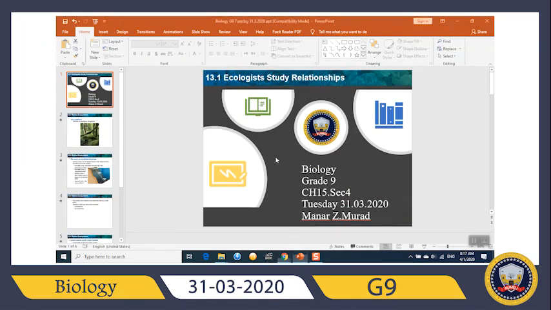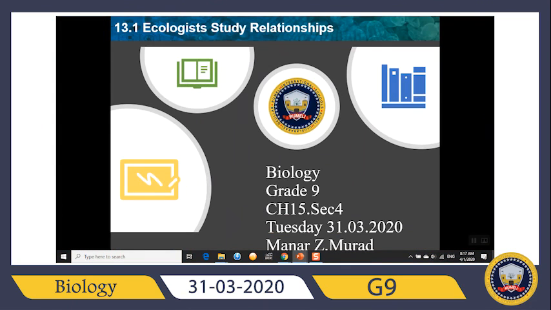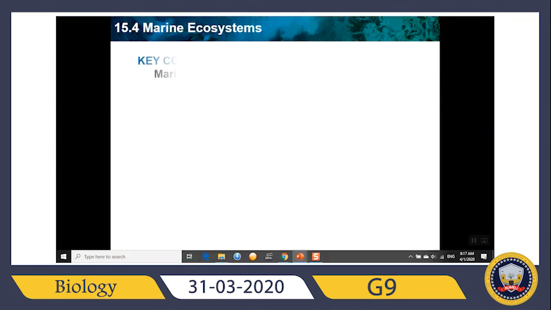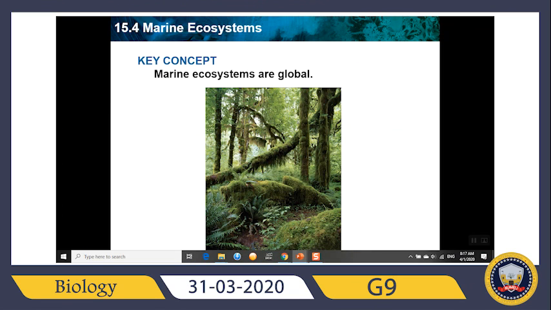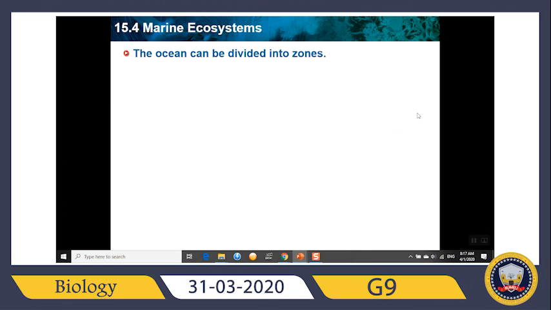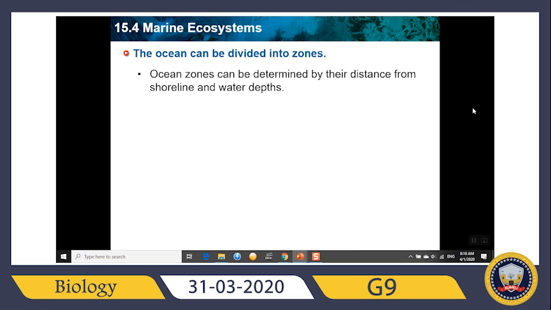Okay, so let's scan this again together. The marine ecosystem is a global ecosystem. The ocean can be divided into zones, determined by their distance from the shoreline and water depth.